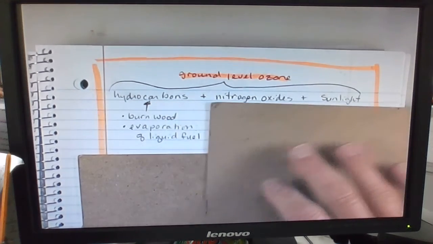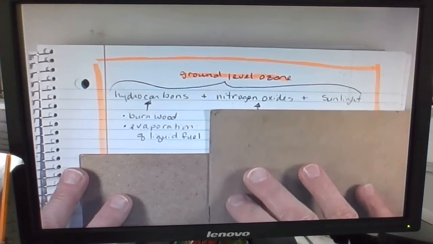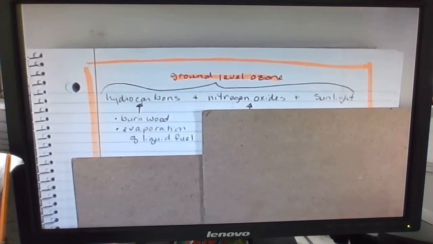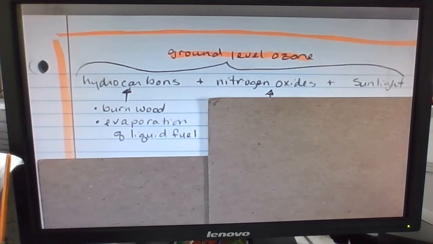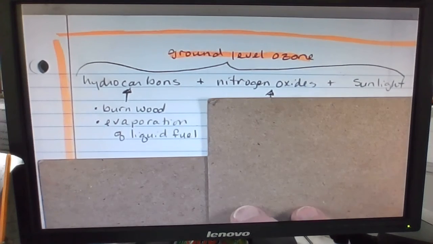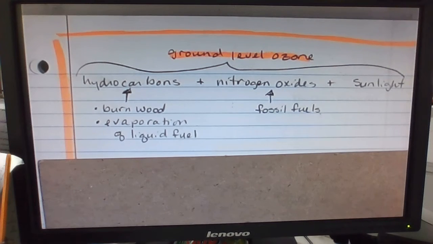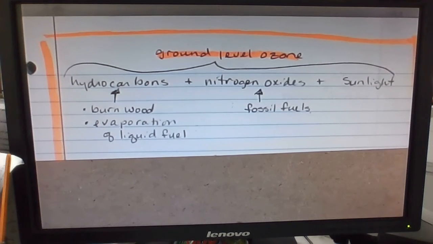So the hydrocarbons, we can get hydrocarbons from burning wood, from evaporation of the gasoline, of our liquid fuels. We get the nitrogen oxides from burning fossil fuels, and we get the energy from the sunlight.